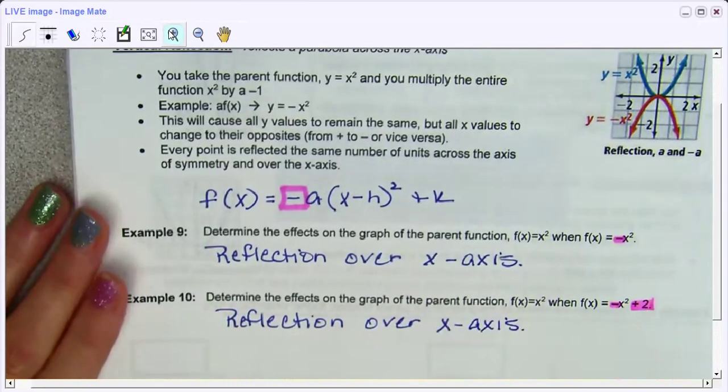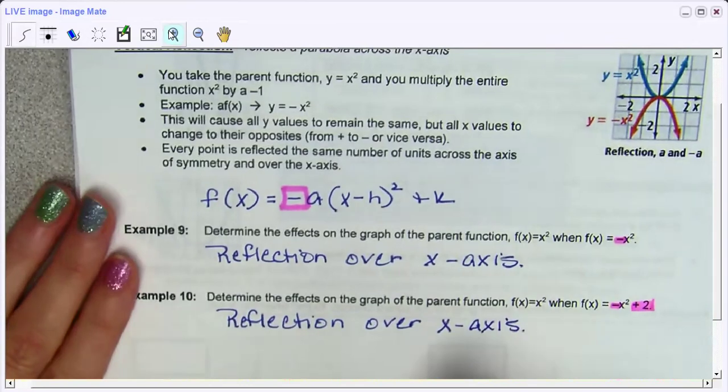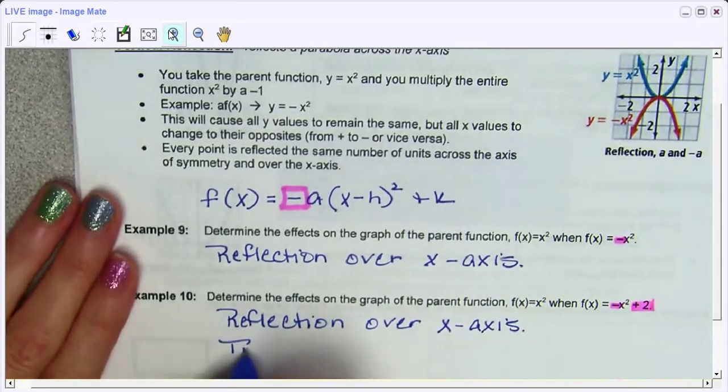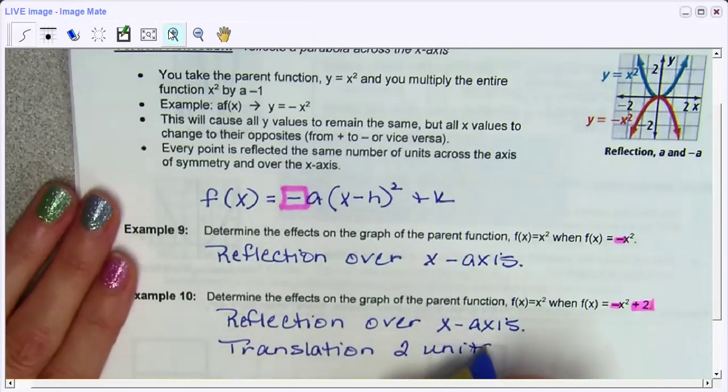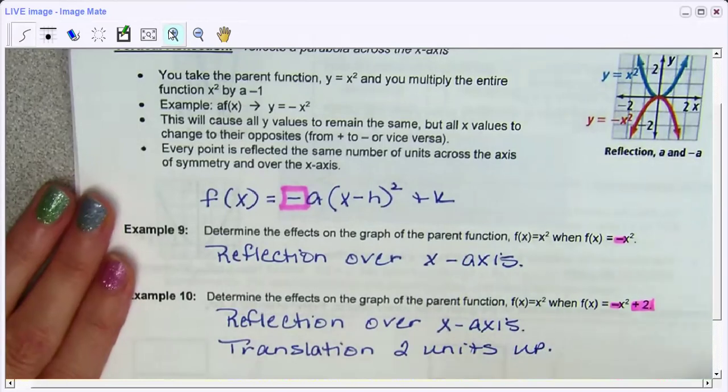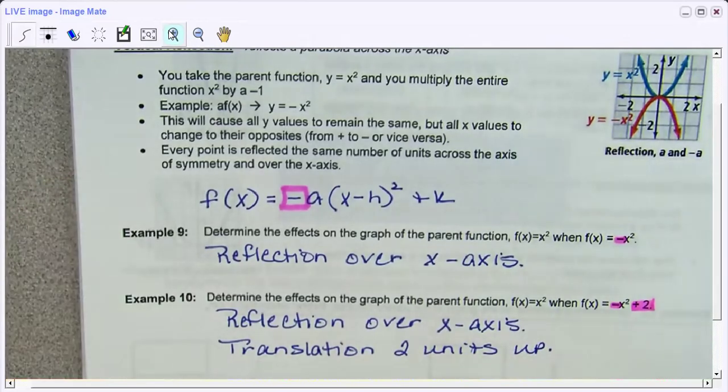And the positive 2 represents a translation. Are we going up, down? Up 2 units up. If it were left, then that means there would be parentheses in there, and the 2 would be in the parenthesis.